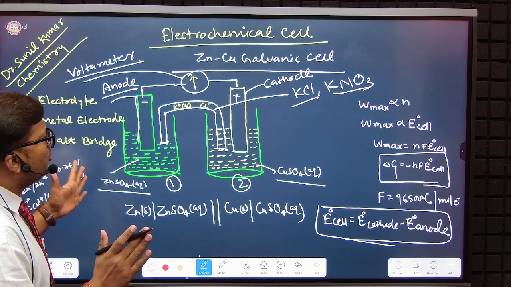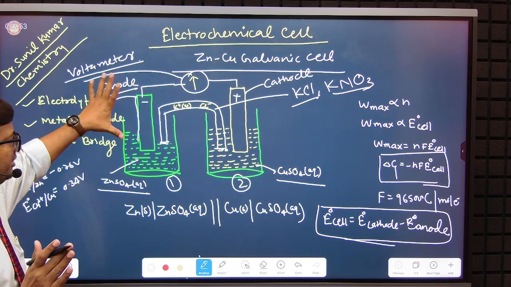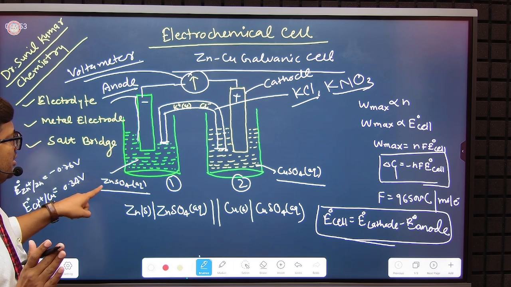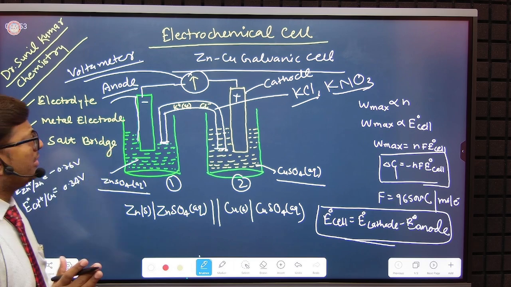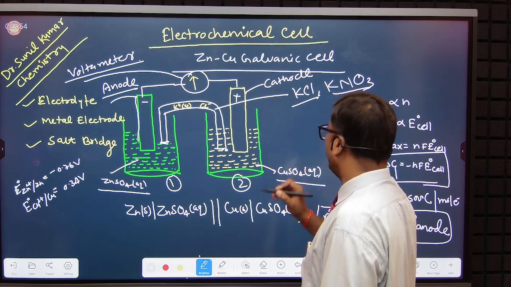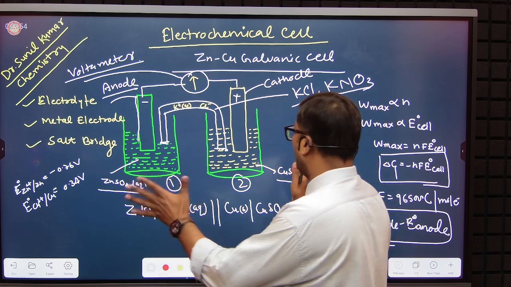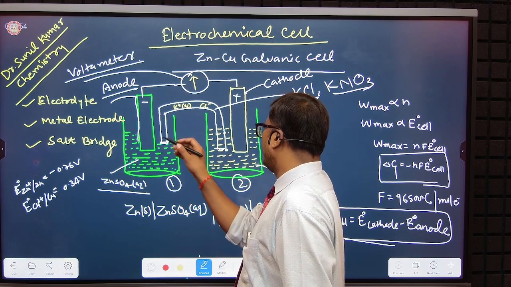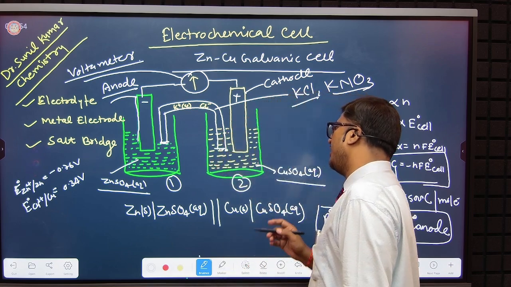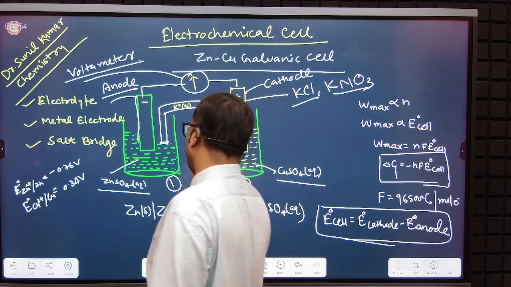So what happens here is that the zinc metal is dipped into the container containing aqueous zinc sulfate solution, and the copper plate is dipped in the second container having aqueous copper sulfate solution, and both these containers are connected with an inverted U shaped salt bridge, which contains strong electrolytes saturated in agar gel.